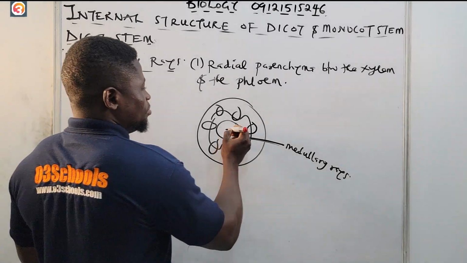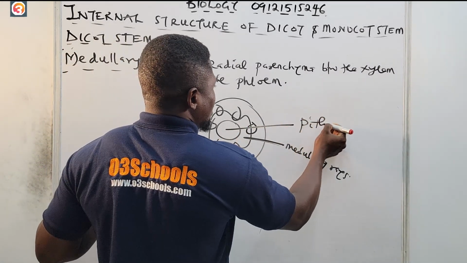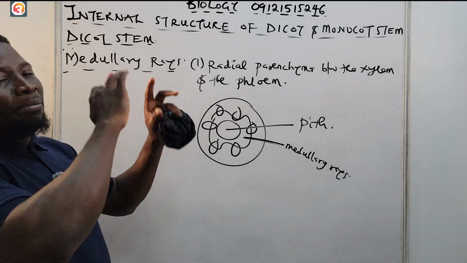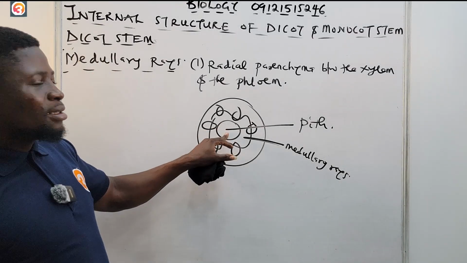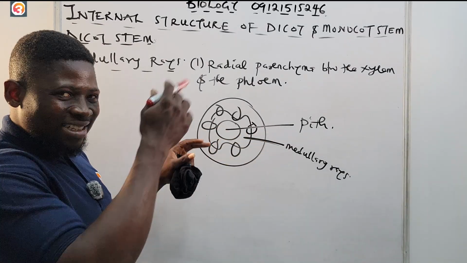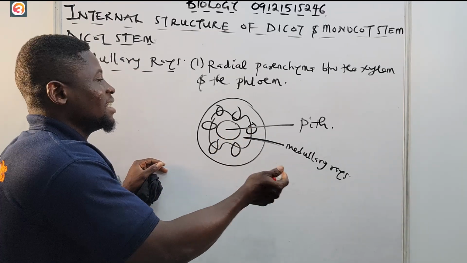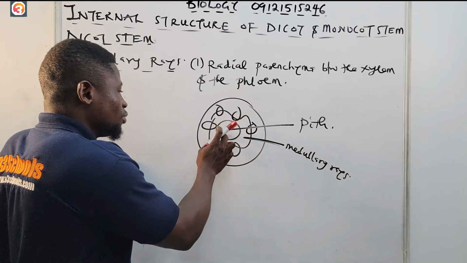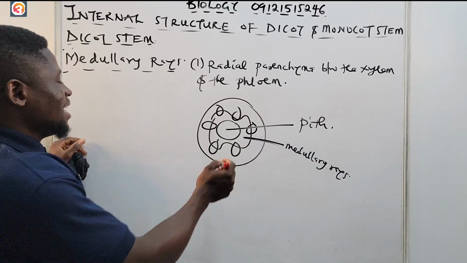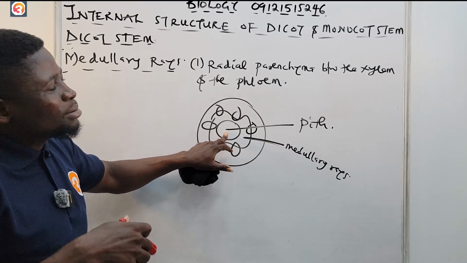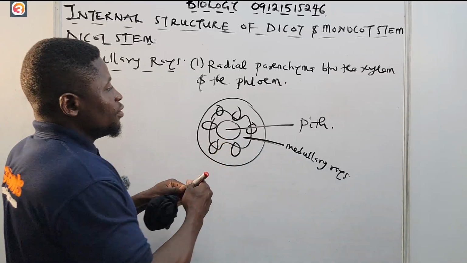Then that takes us to the last part we are going to look at, which is the pith, P-I-T-H. It is a central large parenchymatous region. The pith is placed at the center. It is a central large parenchymatous region for storage. It helps in the storage of food.